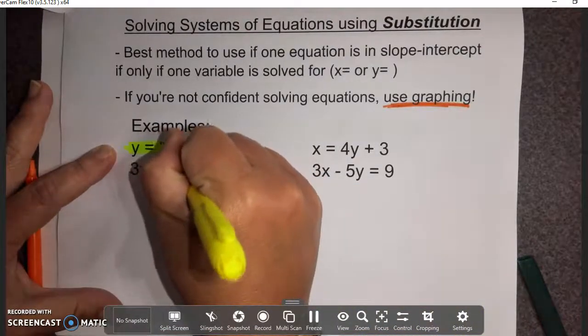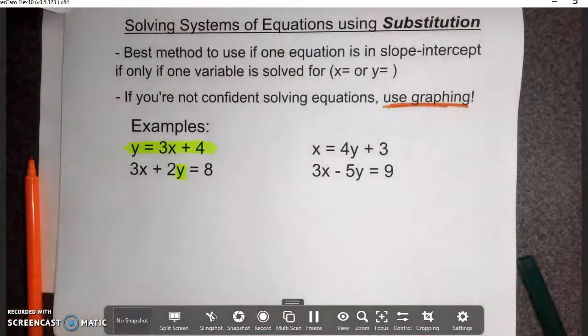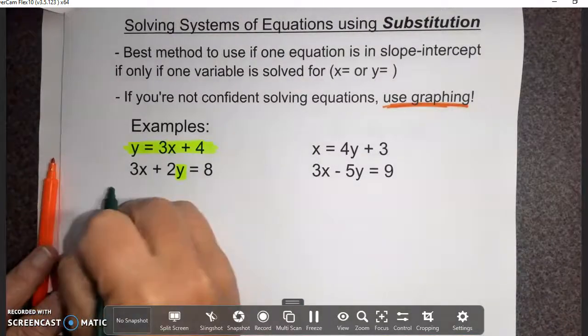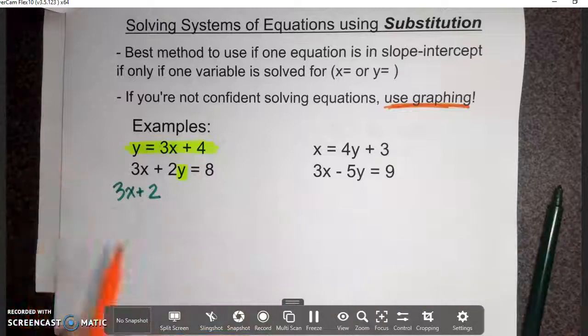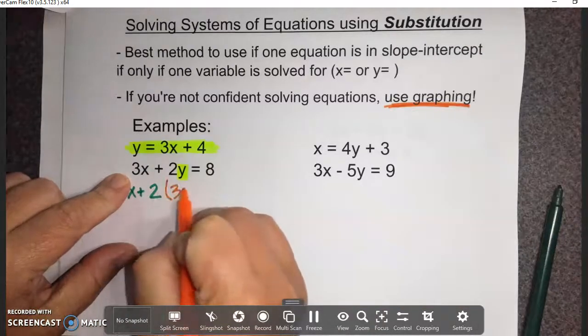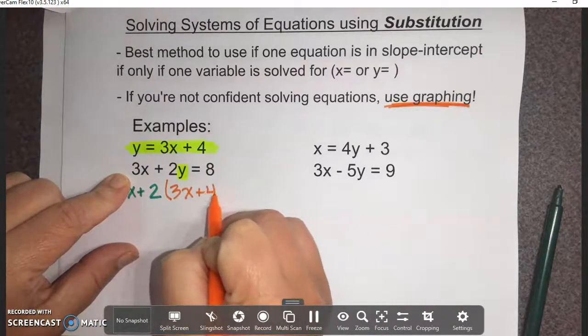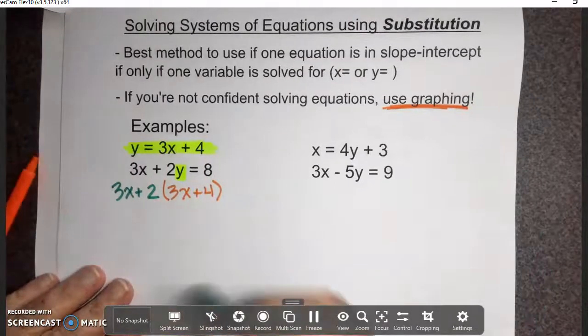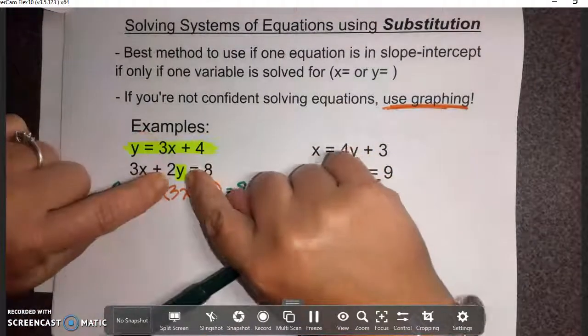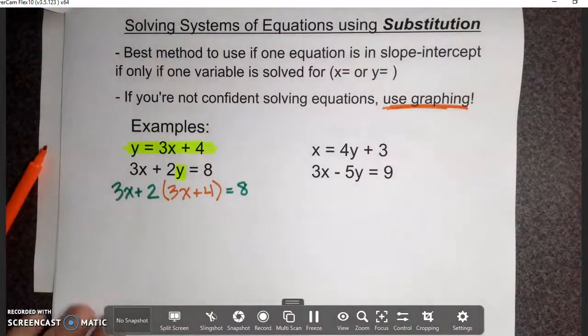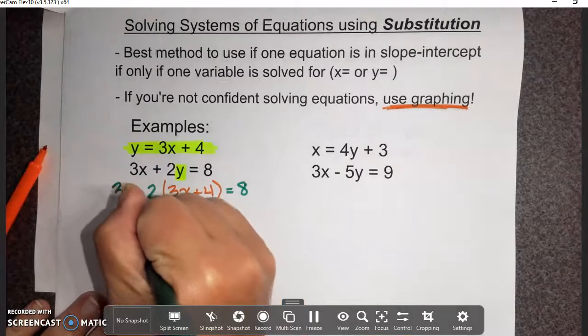So I'm going to substitute it in right there for y. So 3x plus 2, what is y? 3x plus 4 equals 8. I put this in for here. Okay? And then I just solve it.